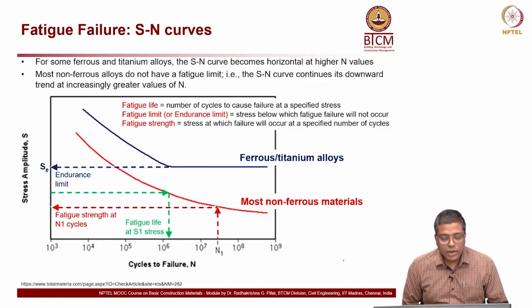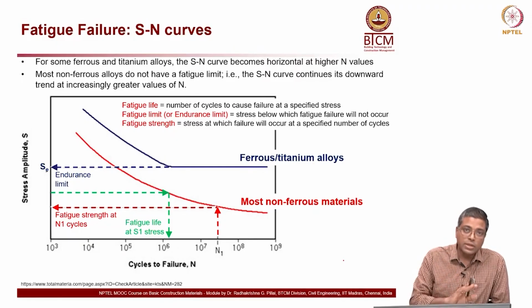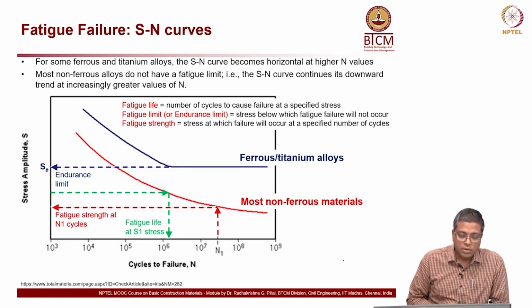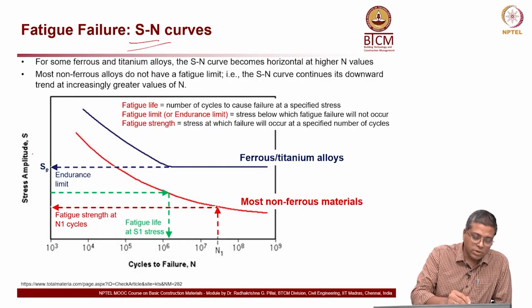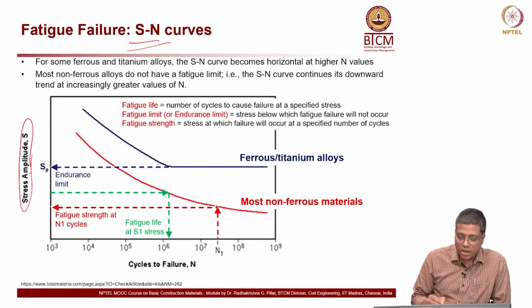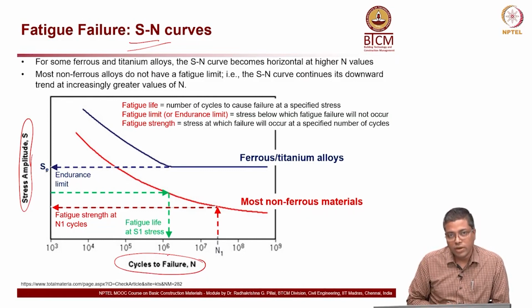Now, how do we take care of this problem in our design? When we design structural systems, knowing that there will be cyclic loading, how do we handle that? There is something called the SN curve. S stands for the stress amplitude and N stands for the number of cycles until failure.